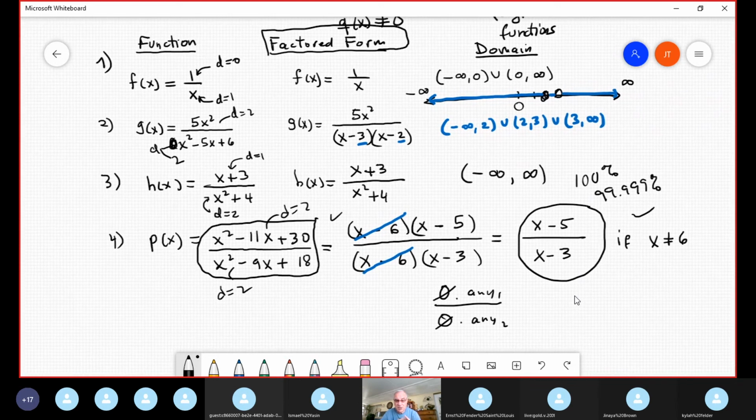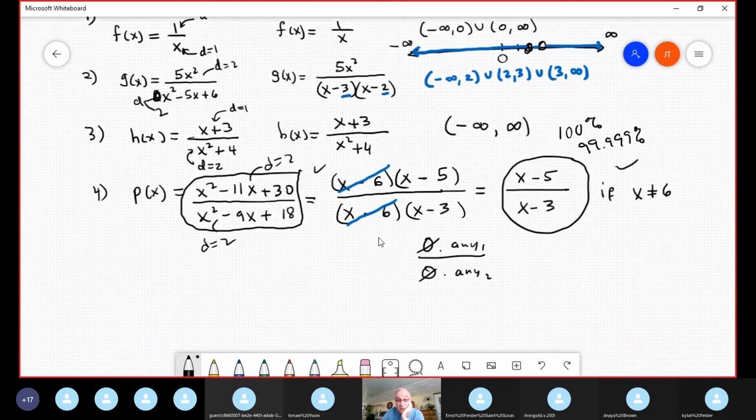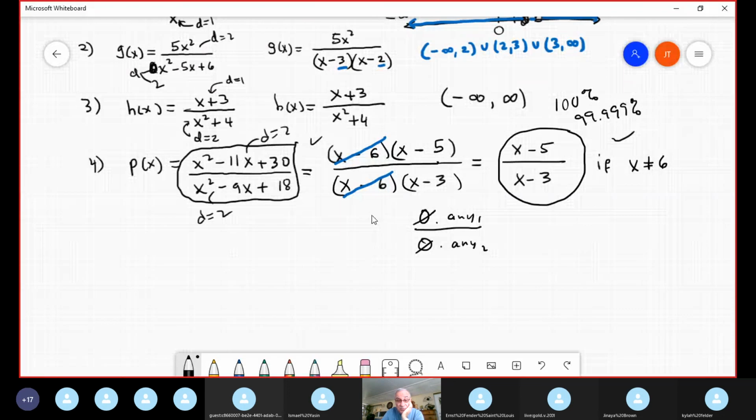Okay, so in a few elementary words, I have the complicated expression. You factorize, and you see you have a common factor, you cancel out the common factor.